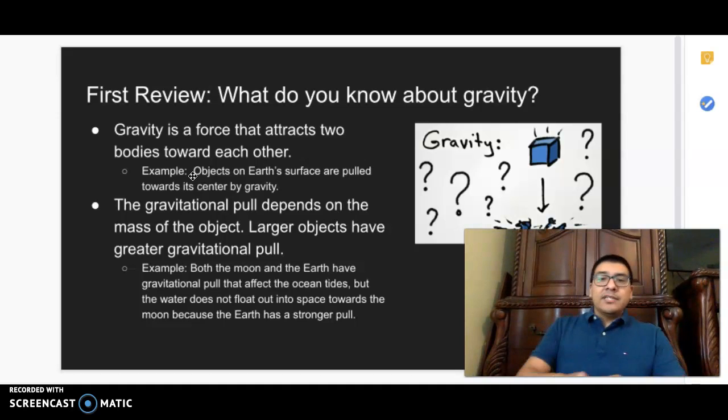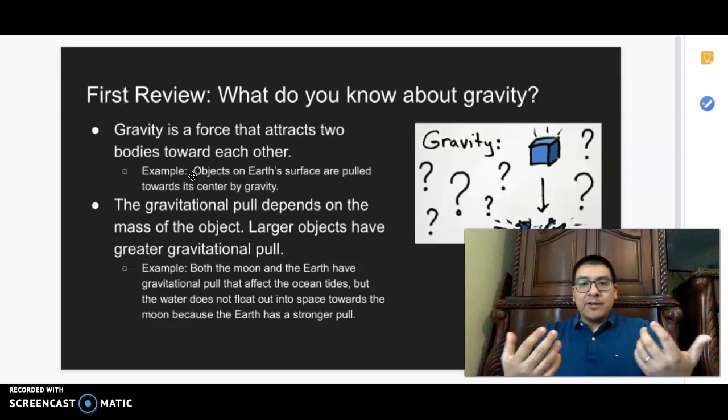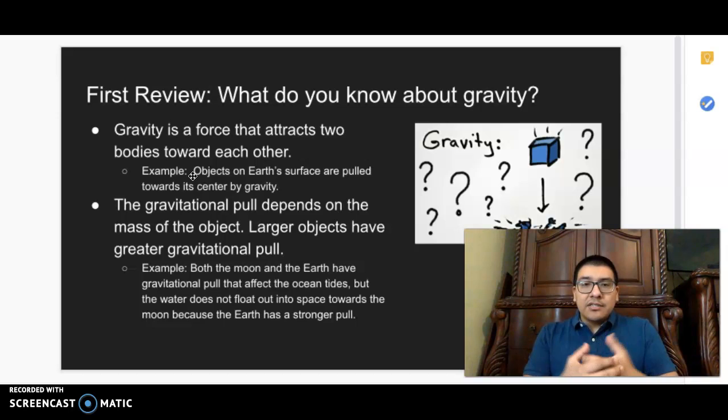Our example of this is that both the moon and the Earth have a great gravitational pull that affects the ocean's tides. The moon pulls water up towards it, but the Earth keeps pulling it back down. That is what causes high tides and low tides.